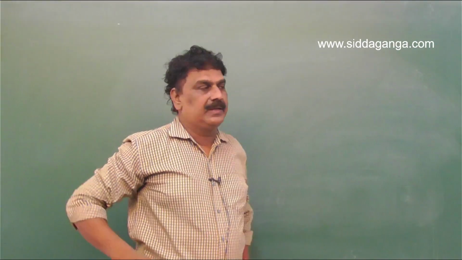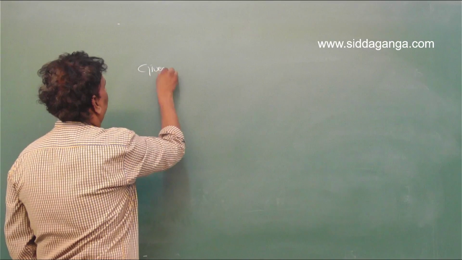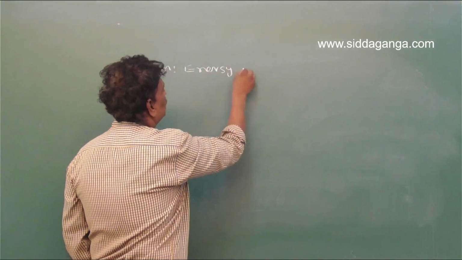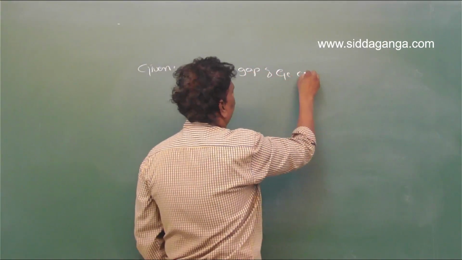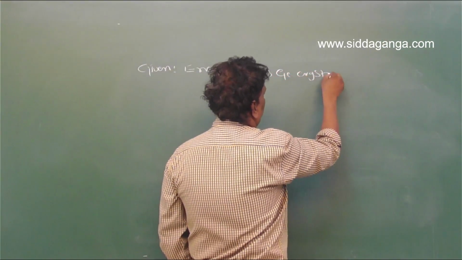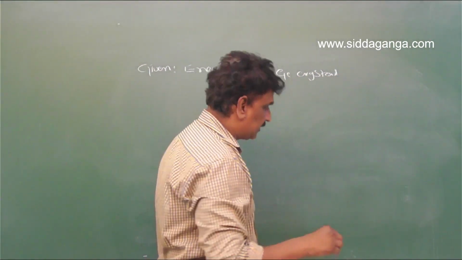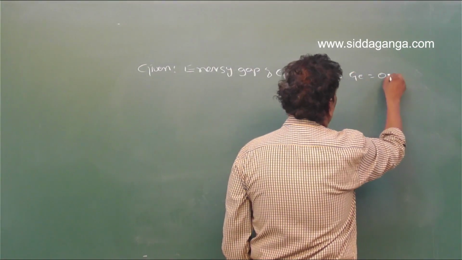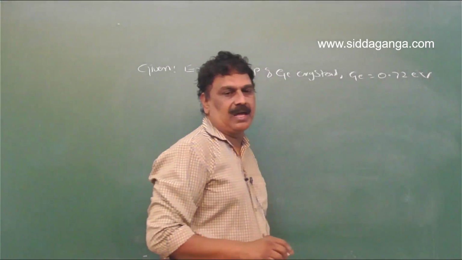Now we have given the energy gap of a germanium semiconductor crystal, Eg, equal to 0.72 electron volt.